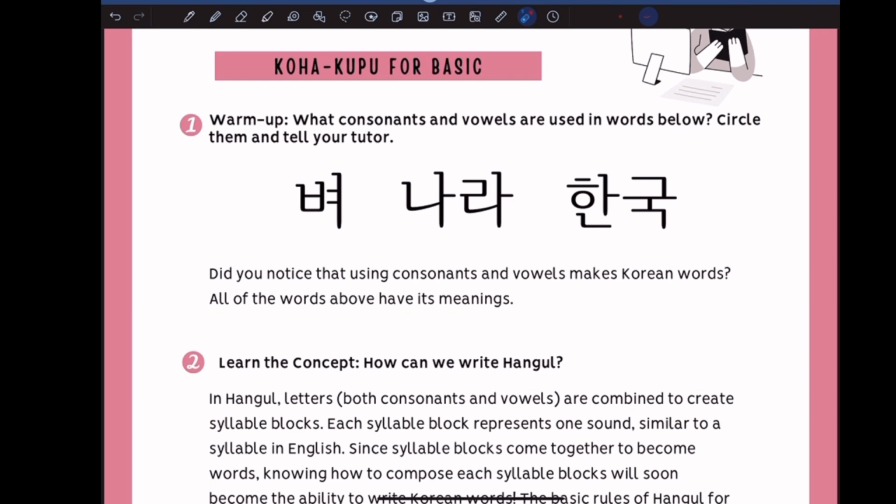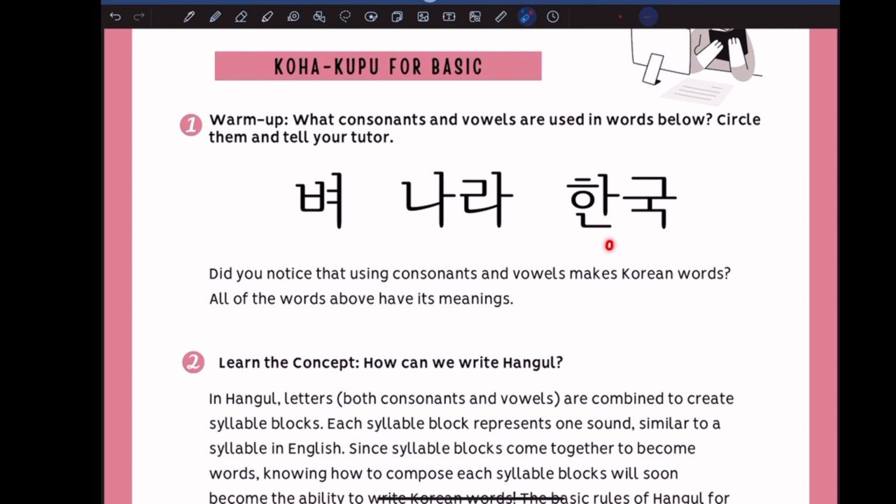So as you want to combine the consonants and the vowels, the first, the n sound and the a sound combine and make a na sound. And over here, the r sound and the a sound combine and make the sound of ra. So it's pronounced nara. In English, nara means country.